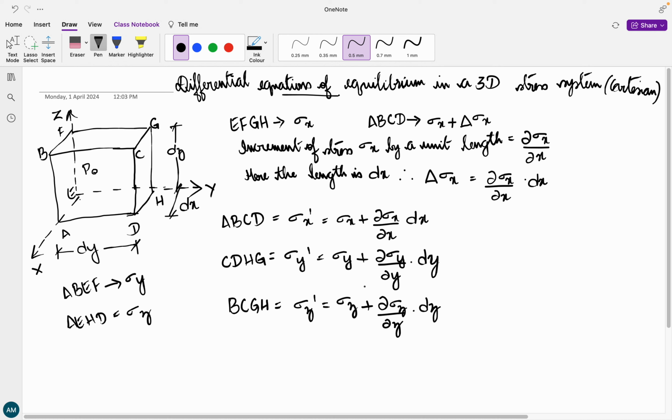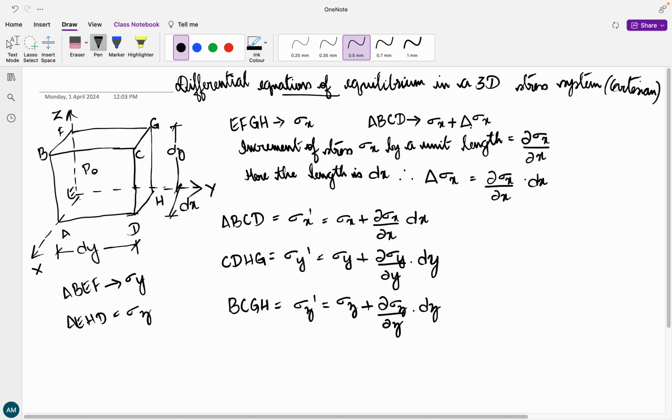If you get confused about which face gets which normal stress, I have a small technique. Let us start from here: E, F, G, H. The plane it lies in is Z and Y. So take the other one that is left out, that is the X component. So sigma X. Then the front face A, B, C, D is right in front of it.